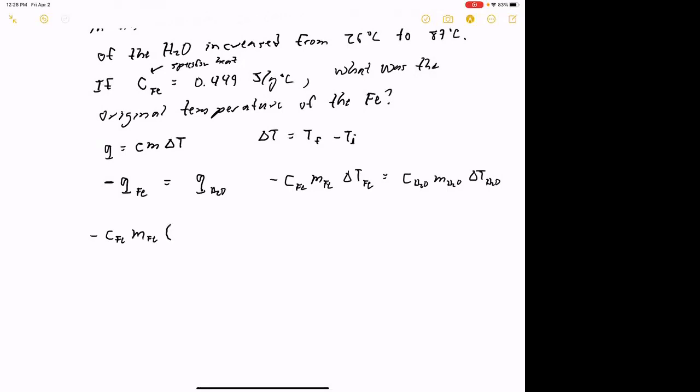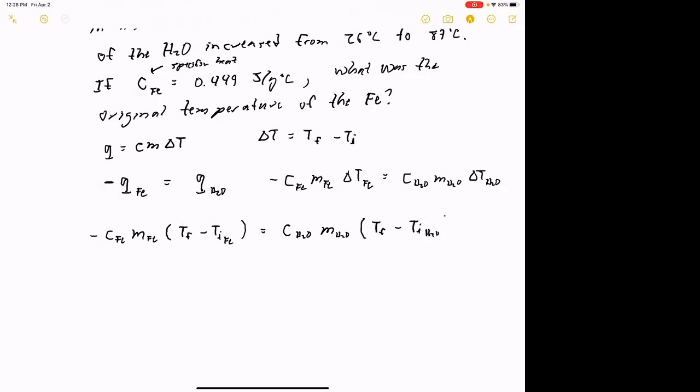Now the delta T becomes the T final minus the T initial, and I'm going to put a little Fe down there for the iron. All right, and that's equal to C of the H2O times the mass of the H2O. And again, I'm going to represent my delta T as T final minus T initial, in this case, of the water.